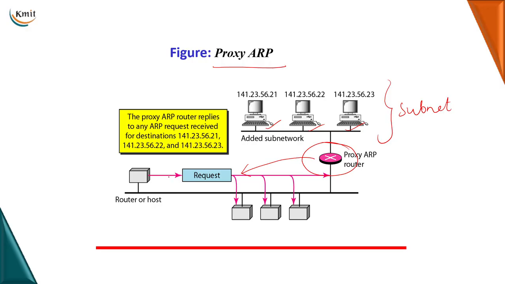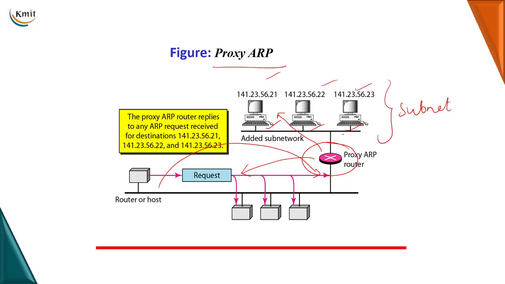So what does this device do? Whenever it has to send an IP packet, it will send it to this particular address, and this proxy ARP will take the IP packet coming from the source machine and redirect it to the intended recipient, because on this network it is aware of these IP addresses, so it will forward it to the concerned devices.